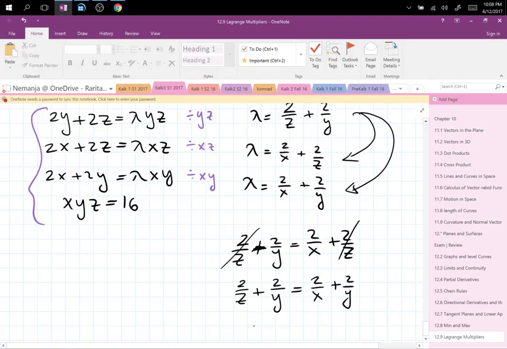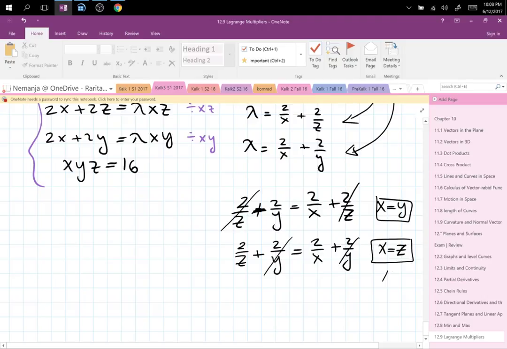So now these die. The first one is saying that x is equal to y. The second one says that x is equal to z, which means that also y equals z. And now we have x equals y equals z, and we also have xyz equals 16.